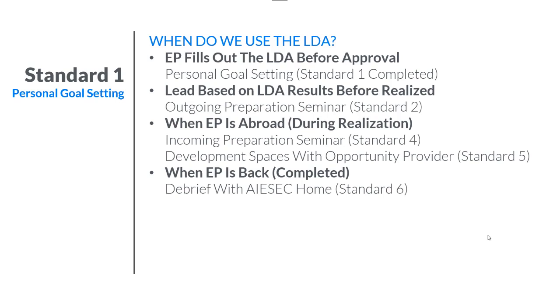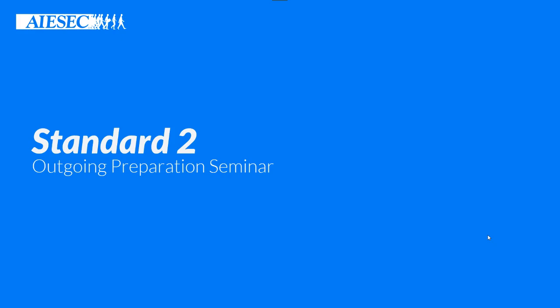Then, when the EP is abroad during the realization, you have two standards: standard 4, the incoming preparation seminar, and standard 5, development spaces with the opportunity provider. And the last standard where you use the LDA is the completed LDA. Before it was the initial LDA results, here it's the completed one, at the previous AIESEC Home, and that is standard 6.